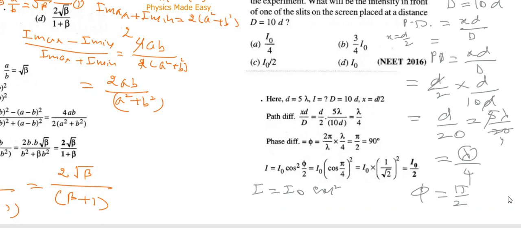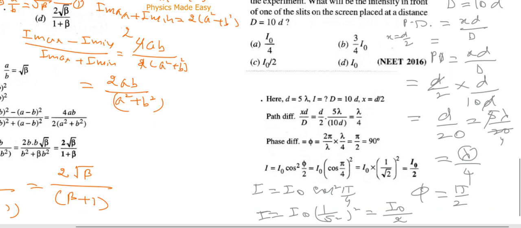If phi is pi by 2, then phi divided by 2 will be equal to pi by 4. I naught, cos pi by 4 is 1 by under root 2, squared, I naught by 2. This is I. The intensity is I naught by 2.